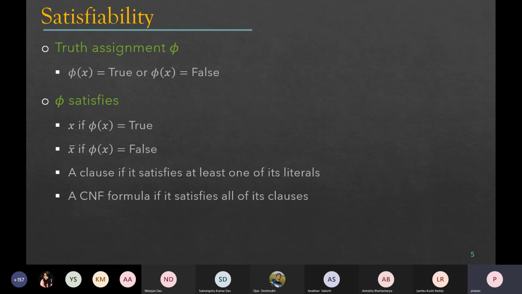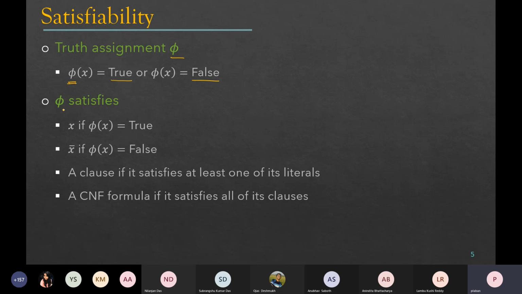So let us try to see what we mean by that. Whenever we talk about satisfiability, we need to talk about truth assignment. So truth assignment is a function. What does it do? It takes a variable as input and assigns either true or false. This is what this function truth assignment does, right?